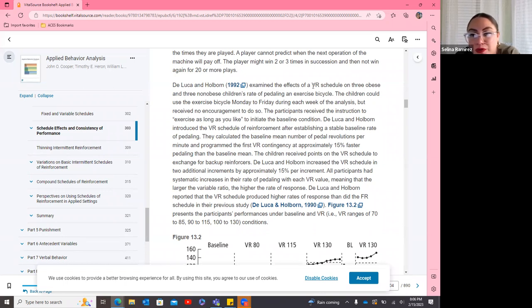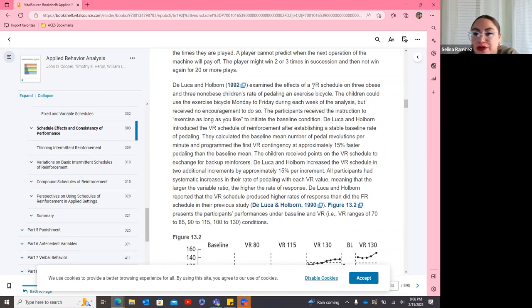DeLuca and Holborn introduced the VR schedule of reinforcement after establishing a stable baseline rate of pedaling. They calculated the baseline mean number of pedal revolutions per minute and programmed the first VR contingency at approximately 15% faster pedaling than the baseline mean.